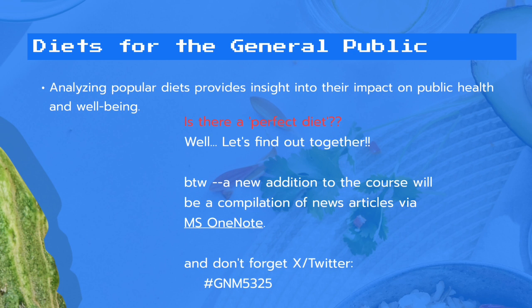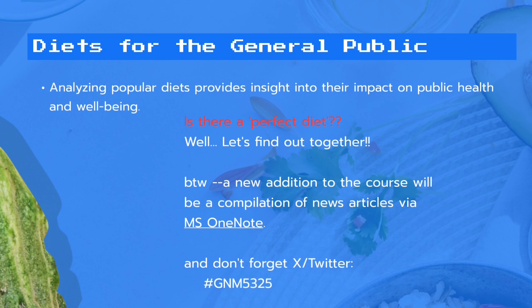I should make a note that there will be a compilation of news articles, both popular press and scientific articles, located in Microsoft OneNote that will be shared with you. The information on how to log in to the OneNote notebook is located in Blackboard.